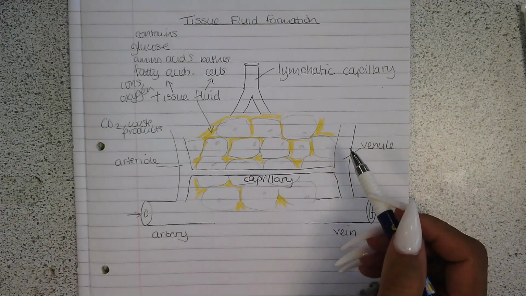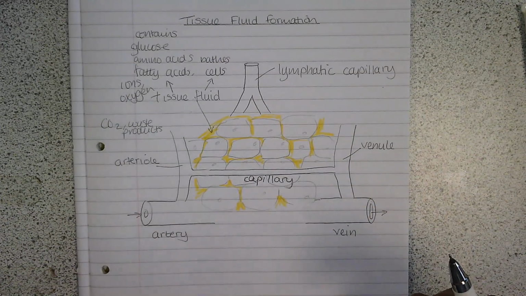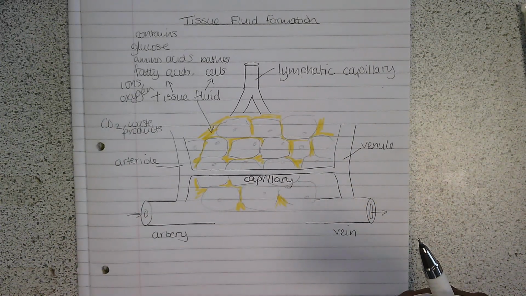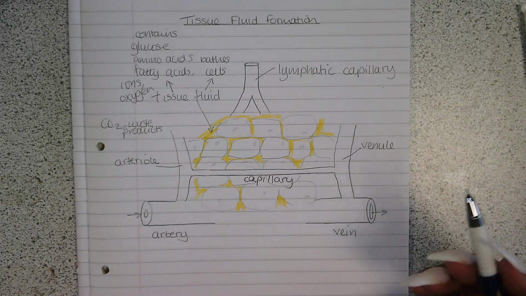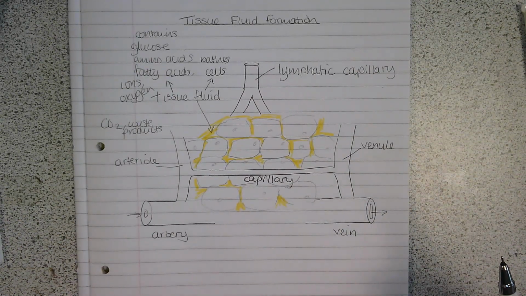Those waste products will move from the cells to the tissue fluid and from tissue fluid to the blood. So that is what tissue fluid is. It's a watery liquid and it has in it the substances that cells need as well as the substances that cells don't need. It's the medium through which material substances are exchanged.